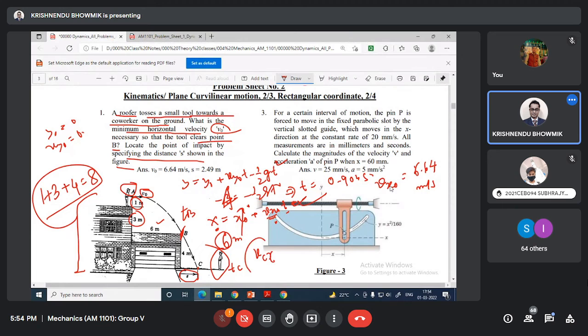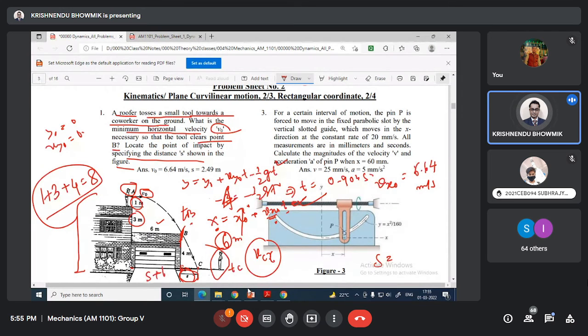Or maybe, if you know this velocity, you put this distance to get the total distance traveled using this velocity. You can get that expression also. And finally, what will be the s value?